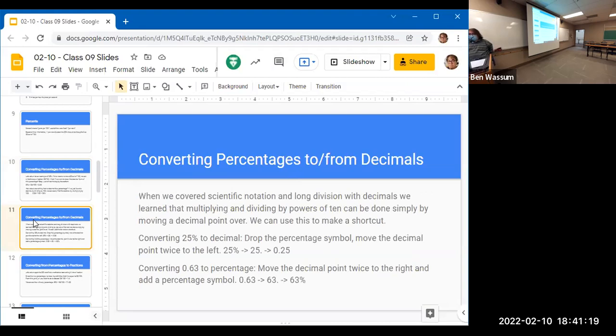So if you're converting from percentage to decimal, you can drop the percentage symbol and move the decimal point twice to the left. So 25% becomes just a 25, which then becomes 0.25. And if you're converting it to a percentage, you kind of undo that. So you move the decimal point twice to the right and add the percentage.